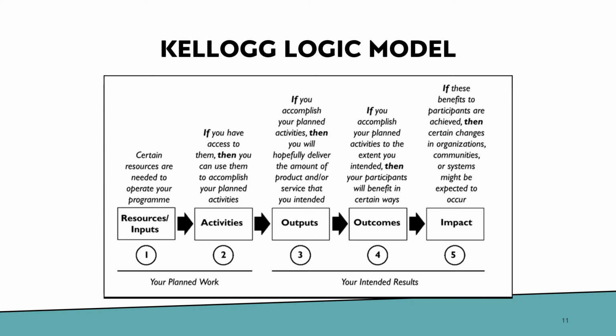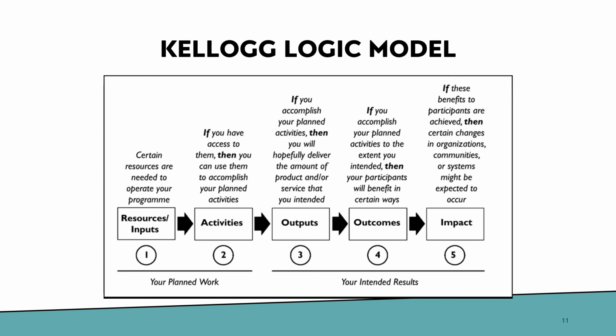So your resource is you need community health workers, you need a training program. The activities, training them. The outputs, trained community health workers. The outcomes, those changes in the community's ability to navigate because of the assistance that they've gotten from the community health workers.